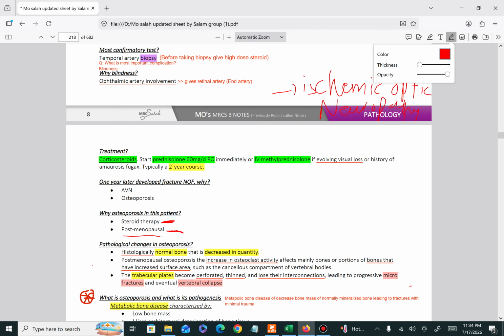And as a postmenopausal woman, the age being more than 50, there will be decreased estrogen, which can lead to osteoporosis. And age related osteoporosis can also occur in this patient.